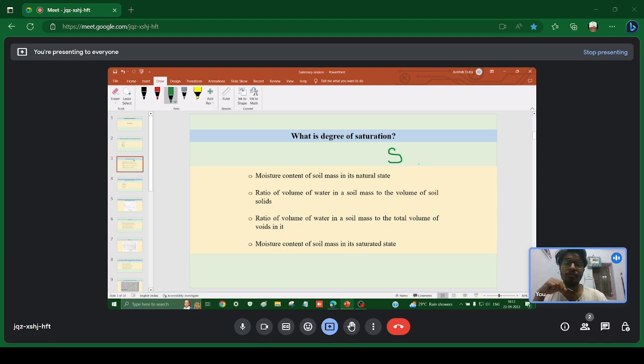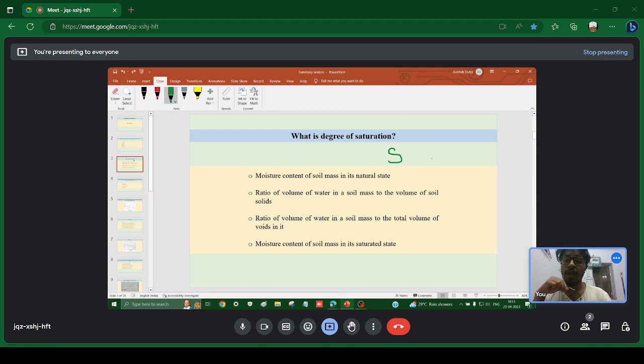The relationship goes Se = wG, where e is the void ratio, w is the moisture content, and G is the specific gravity of soil solids. So this degree of saturation is very important to find out the void ratio. Now, what is the degree of saturation? This is the basic definition.